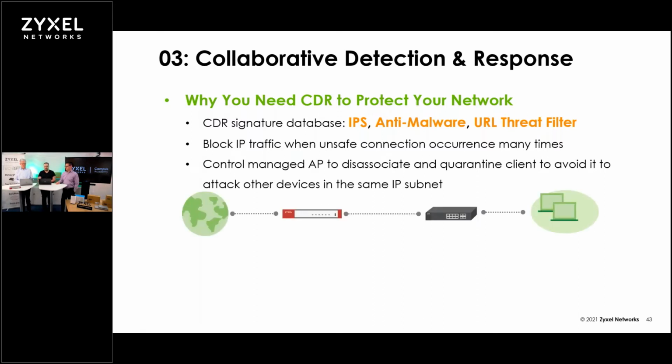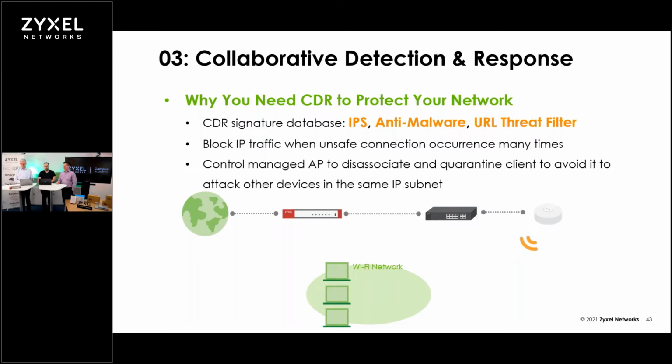So it works like this: we have a firewall and switch and a few clients, and now we have one client who makes some unsafe connections to a web page. So we want to isolate this client from the rest of the well-working network. In this moment, CDR will be in action and block the IP connection, disconnect this client, and this client cannot do anything more.